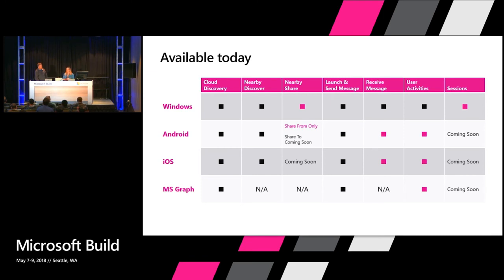What's next? Well, we have some ideas, and we're hoping to bring you the coming soon stuff in the near future, but we'd really love to hear from you guys in the audience and to know what we can do to empower you to create amazing cross-device experiences in your applications.